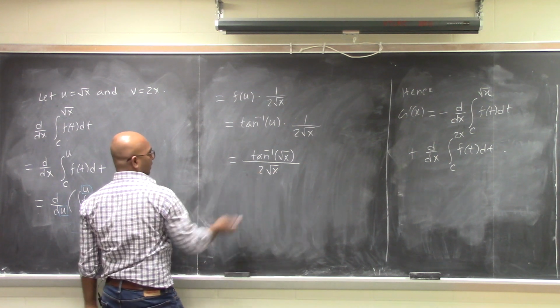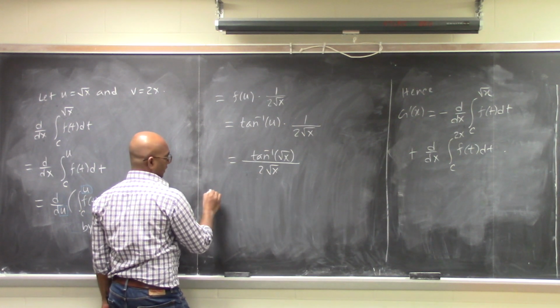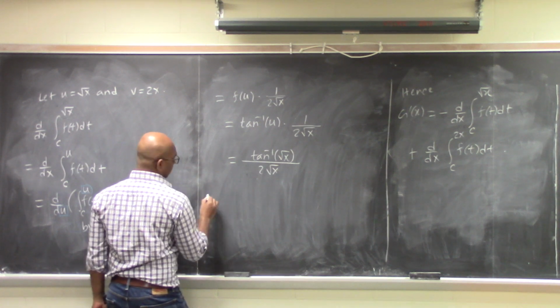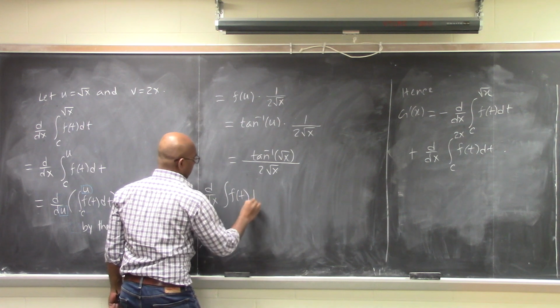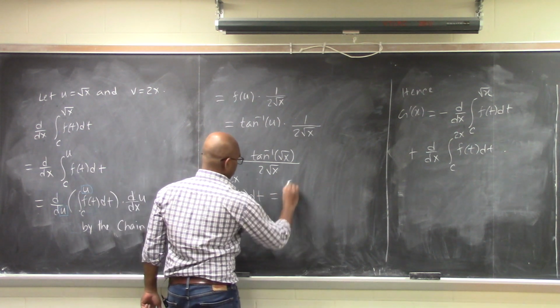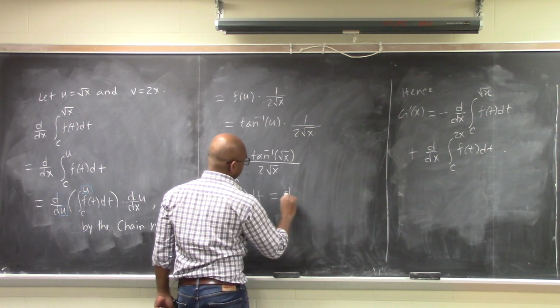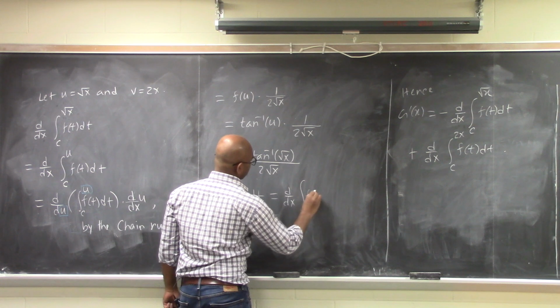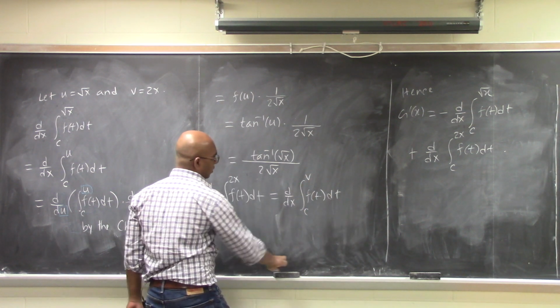Okay, so we get this, and then d/dx of the integral of f from c to 2x. This is d/dx of the integral of f of t from c to v. v is 2x, right?